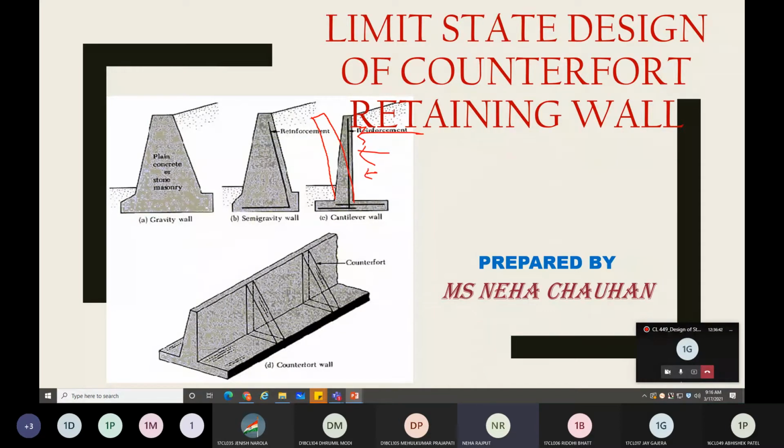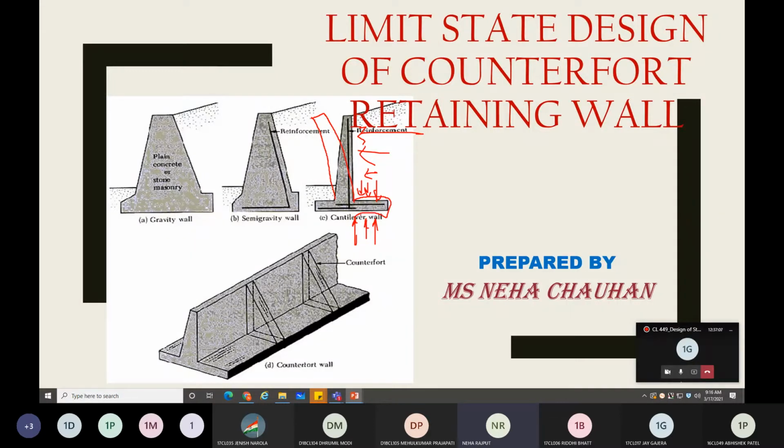This will push your stem part, and it will behave like this because this is fixed and this one is free. So this will behave like a cantilever. Then due to the uplift pressure from the soil, and the downward load from the backfill and self weight, this portion of the heel slab will deflect like this.